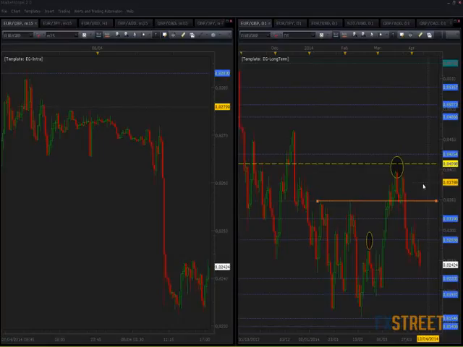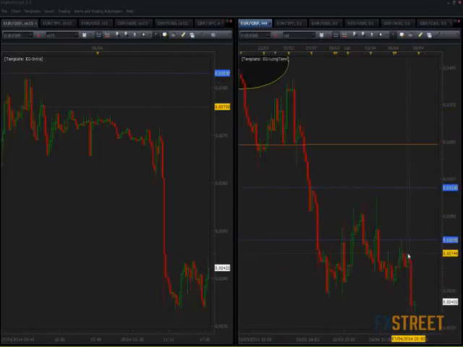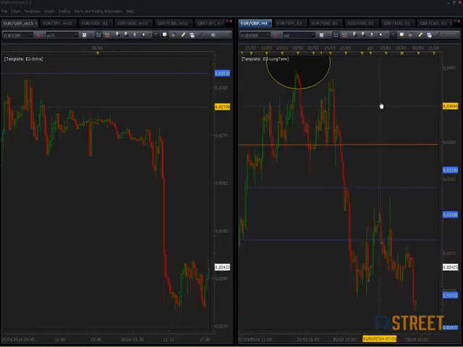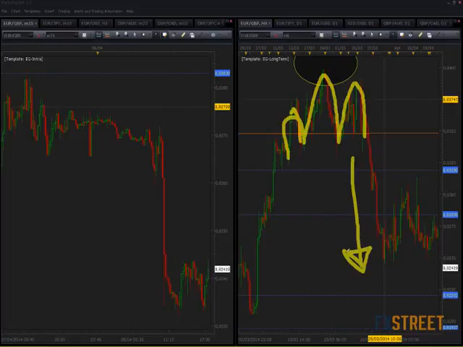Let's go to the 4-hour chart so you can see that. This is looking more like head and shoulders, right? And then a speed down, because the euro is not clear and the pound is clear that we are bullish on it. That's the only thing.